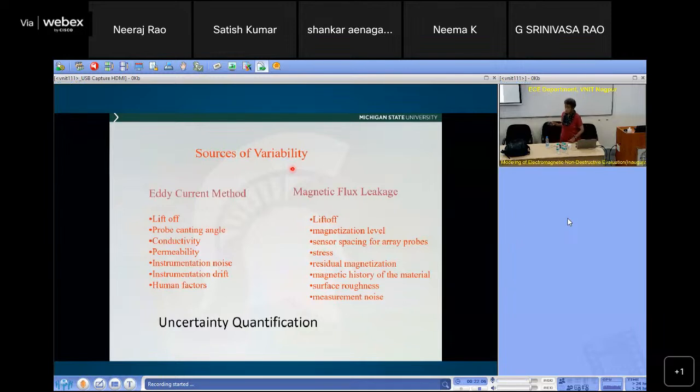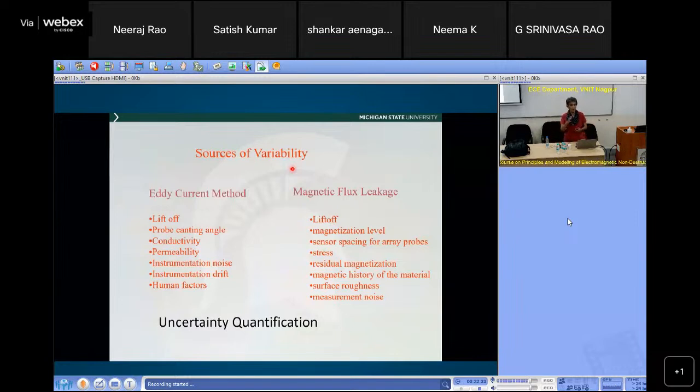What do we mean by variability? If you conduct an eddy current experiment, your liftoff can vary from one point to another point. Your probe canting angle, so when it's moving inside, the probe can wobble, there can be a different angle. Even if it's on a plane surface, there can be a slight amount of wobble that will produce a difference in the signal.